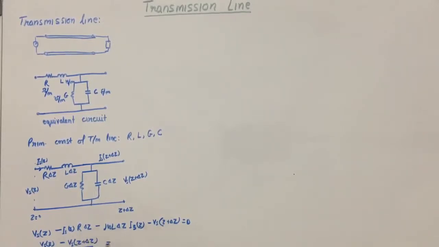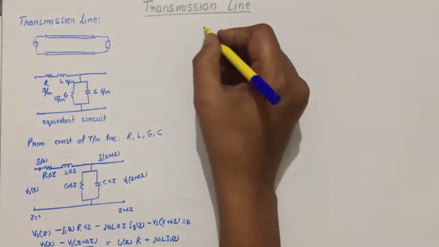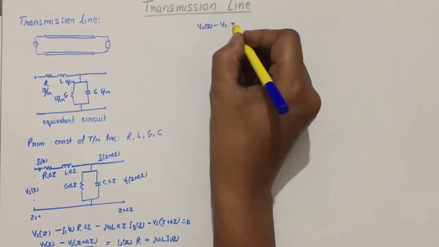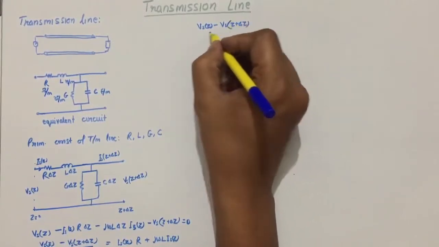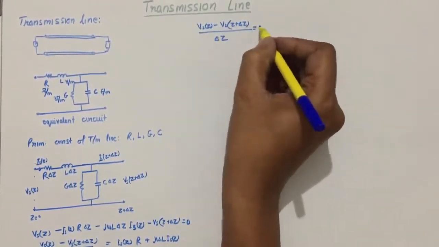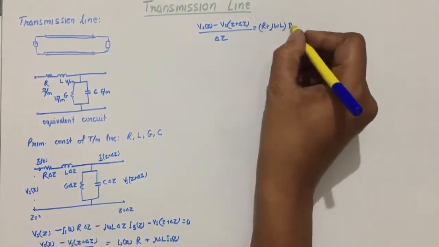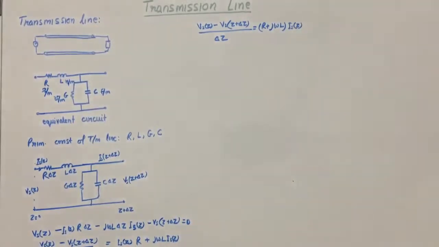If you bring it to the other side, then delta z we can bring here, and the remaining term will be Is(z) R plus j omega L Is(z). We can write like this. Here we find Is(z) is common, so we can write [Vs(z) minus Vs(z plus delta z)] divided by delta z will be equal to R plus j omega L multiplied with Is(z).